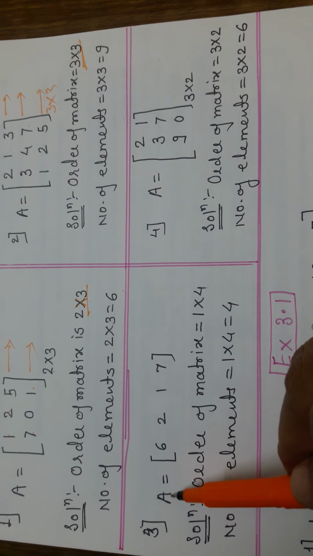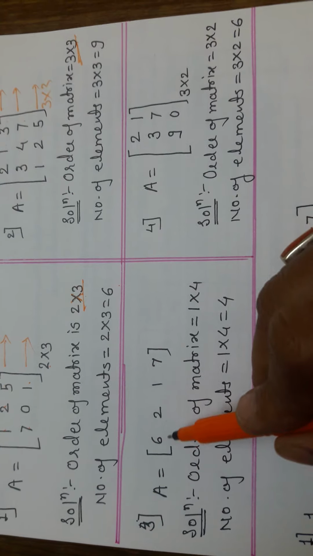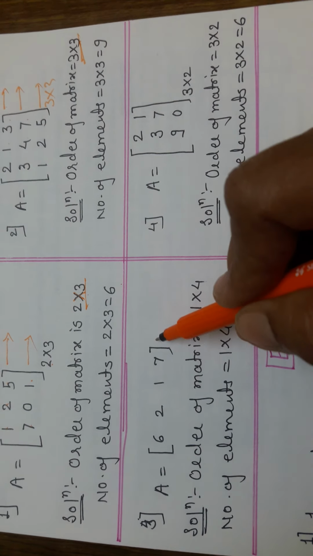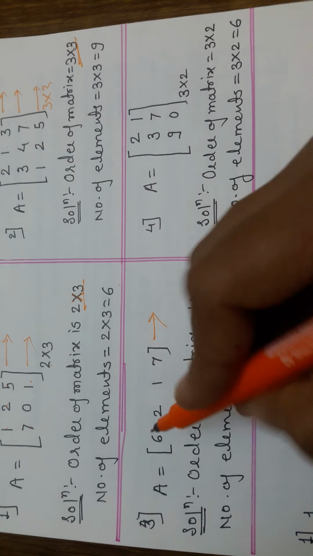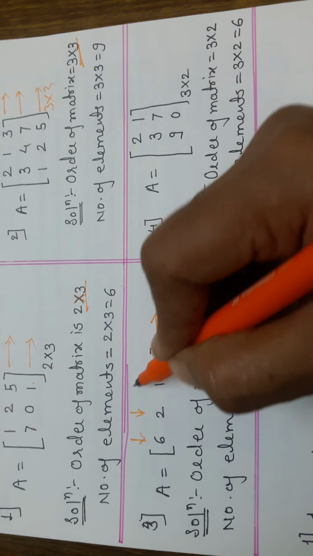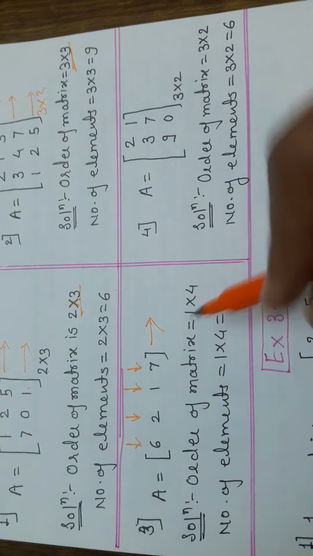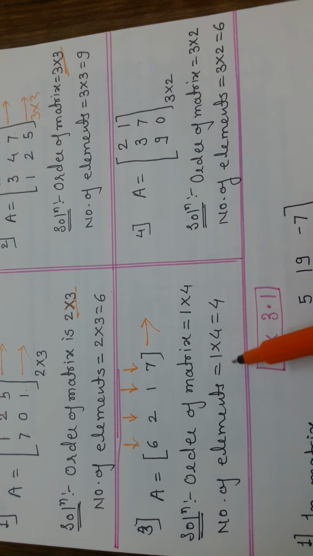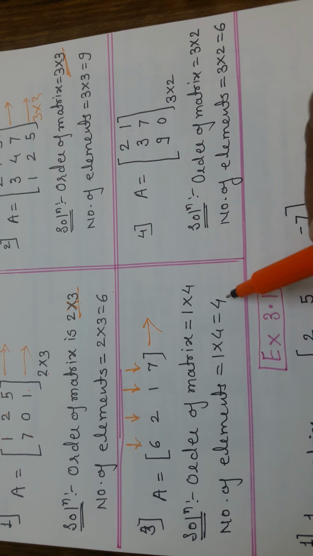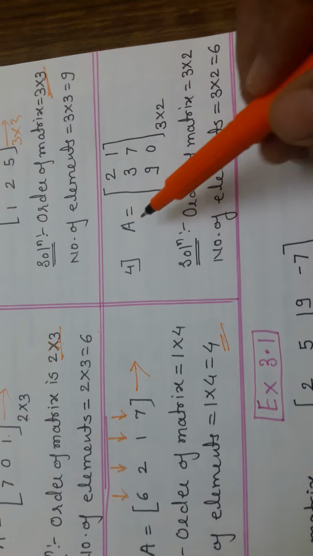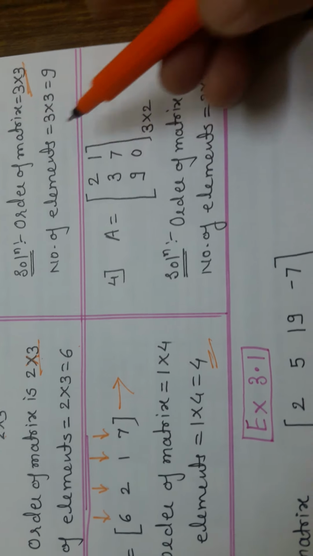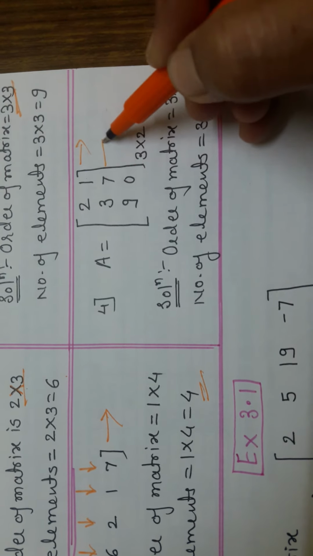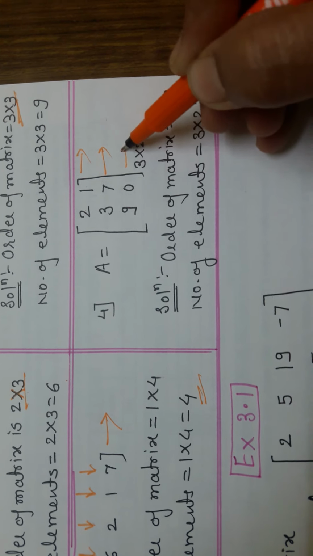In the fourth problem, A is equal to 6, 2, 1, 7, means only one row is there, but the number of columns is 4. That's why the order of the matrix is 1 cross 4 and number of elements is 1 into 4 means 4.